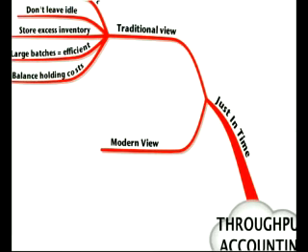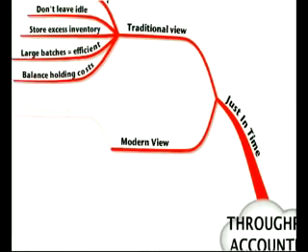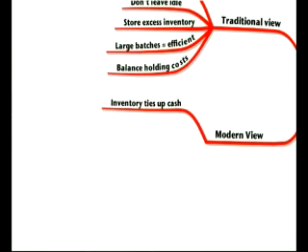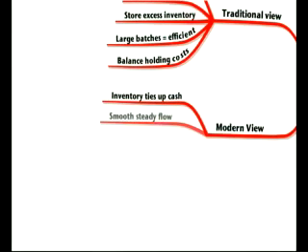The modern view, however, takes a bit of a different scope on this. They say that inventory ties up cash. Inventory is a debit on your balance sheet. It's an asset, but it ties up cash, because you've had to spend the cash on actually producing that inventory. So you don't want large amounts of inventory tying up your cash.